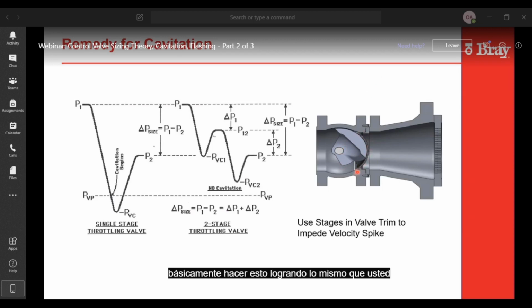You're taking the pressure and slowing down the velocity in order to minimize the spike at the Vena Contracta. So you drop it twice. So you have a variable orifice plate here behind the ball segment, and then you have another fixed one here. Right.